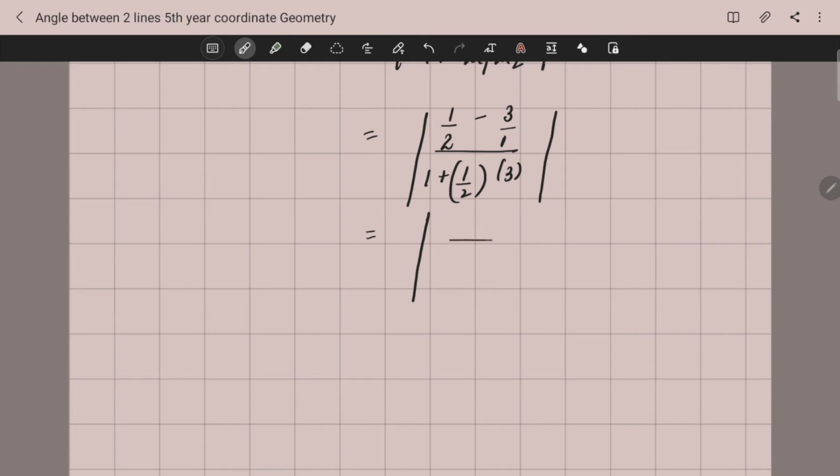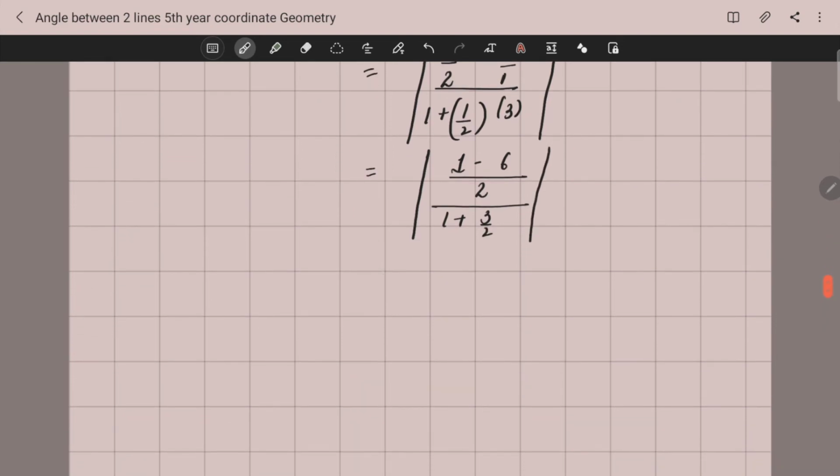LCM of 1 and 2 is 2, so I write 2 over here, 1 into 1 is 1, 3 into 2 is 6. Again for denominator 1 plus 1 into 3 is 3 over 2. So after that 1 minus 6 is minus 5 over 2.